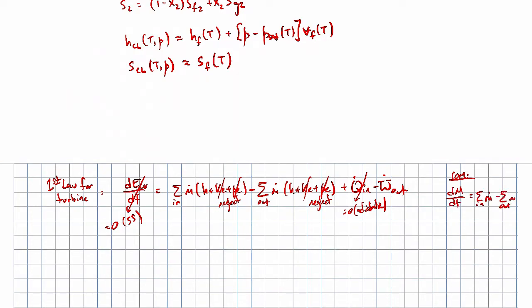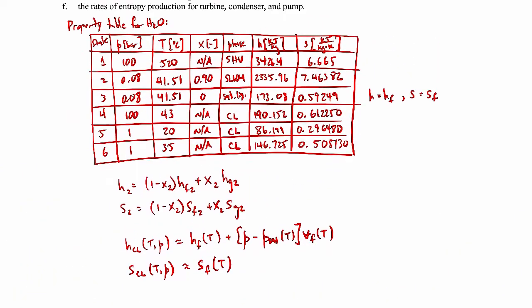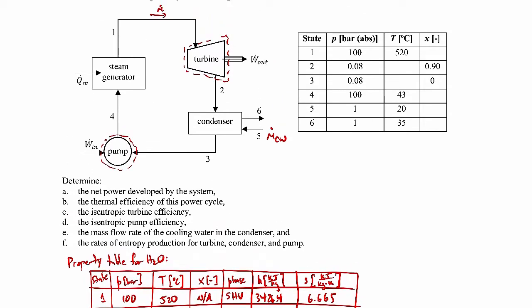We know that, again, it's steady state. There's one inlet and one outlet, so m dot in equals m dot out, which equals m dot. Okay, so the power out of that turbine will be m dot times, let's go back and see, coming into the turbine is state 1 and going out is state 2.